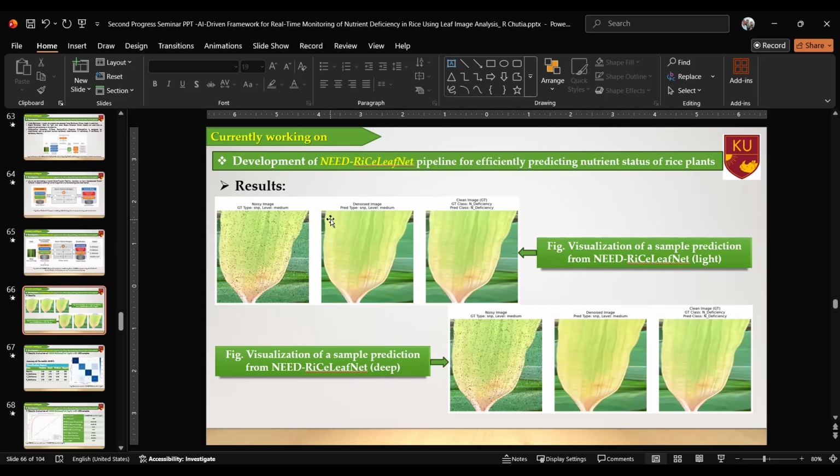So this is what I am presenting here for visualization. The first one is predicted by the NeedRiceLeafNet Light model, and the second one is the NeedRiceLeafNet Deep model.